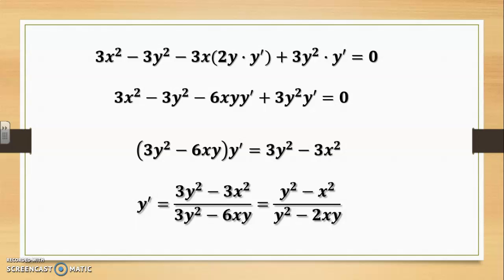In this case, it turns out that we can even factor a 3 from the top and the bottom and simplify the expression we get for y prime. So that would be y squared minus x squared over y squared minus 2xy. And that's the expression we get for y prime. This is the recipe that will give you the slope of the tangent line to the curve.